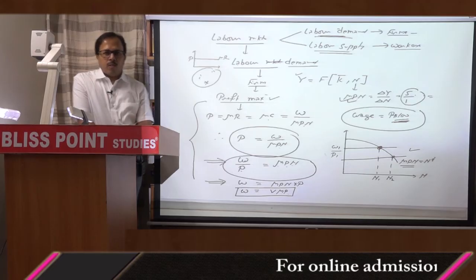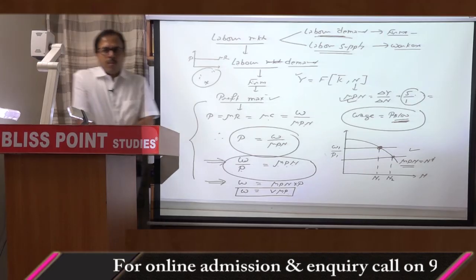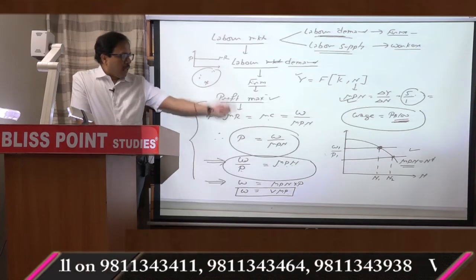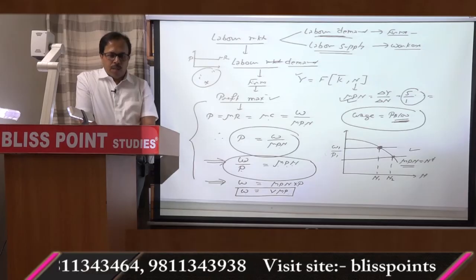The condition for short-run profit maximization requires that MR is equal to MC. First write that: MR equal to MC.